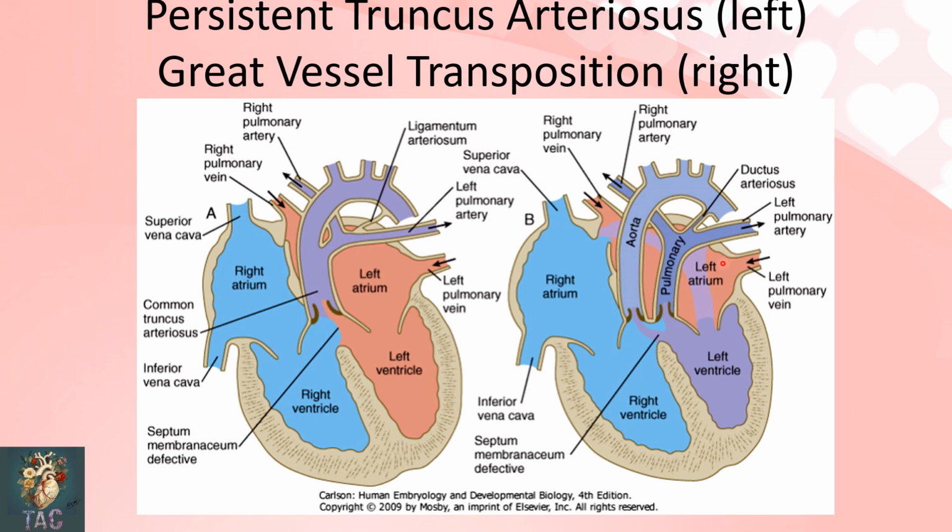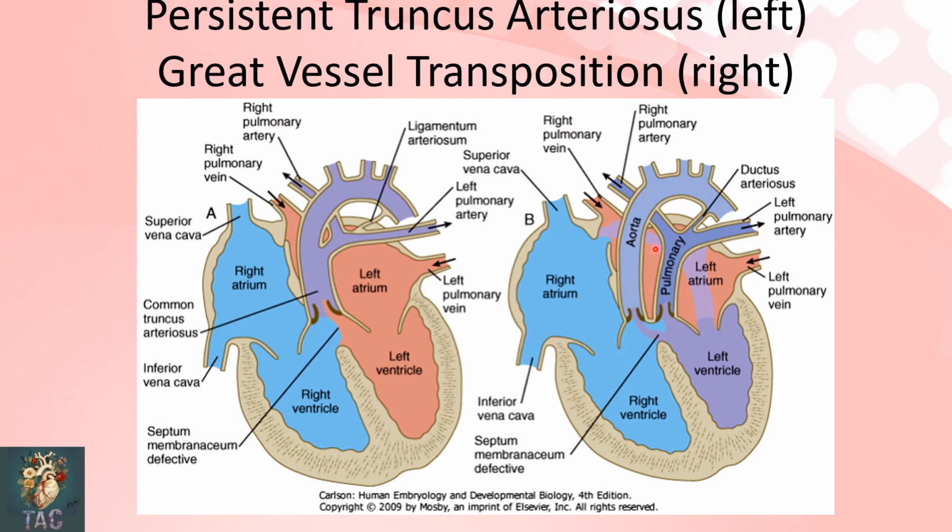Another anomaly is transposition of the great vessels. We have studied in the previous slides that there is a spiral course of the conotruncal septum, and because of this spiral course, the aorta arises from the left ventricle and the pulmonary artery from the right ventricle.